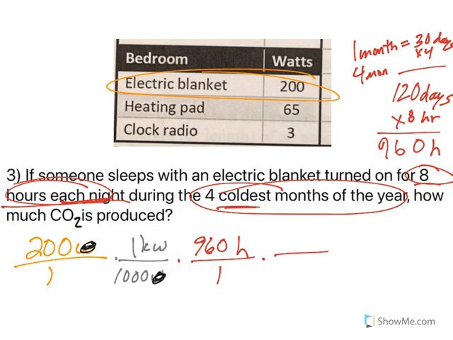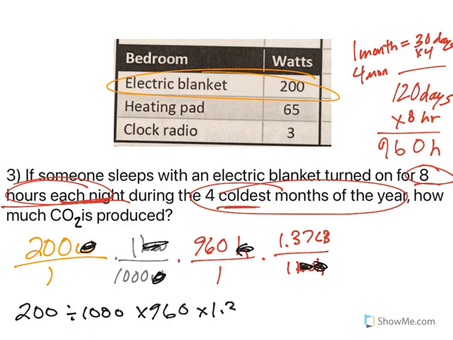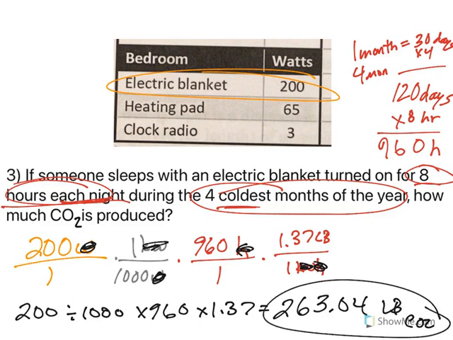I have kilowatt hours, so then I go to 1.37 pounds divided by 1 kilowatt hour. Kilowatts gone, hours gone. 200 divided by 1,000 times 960 times 1.37, and I end up with roughly 263.04 pounds of CO2. Again, you've got to play with that. How many hours? Use your common sense to think about hours.